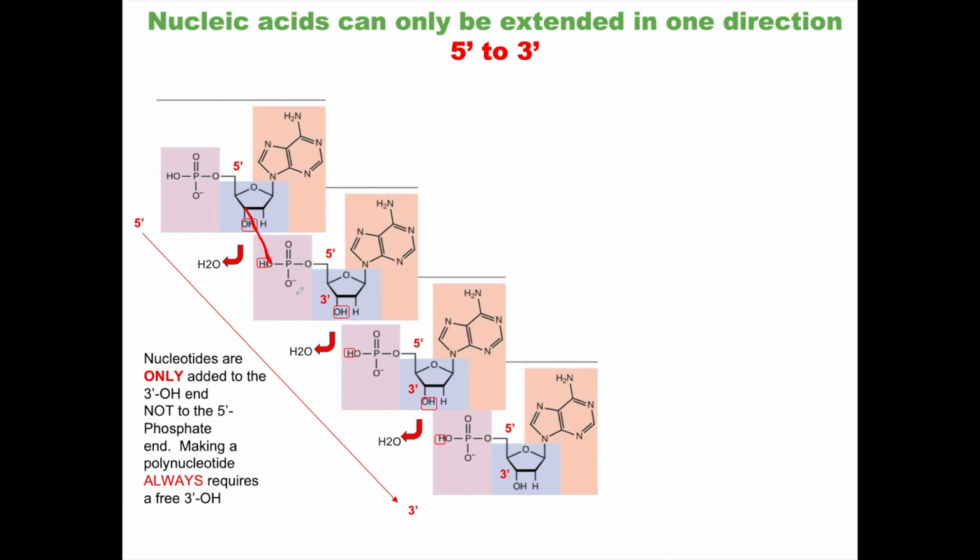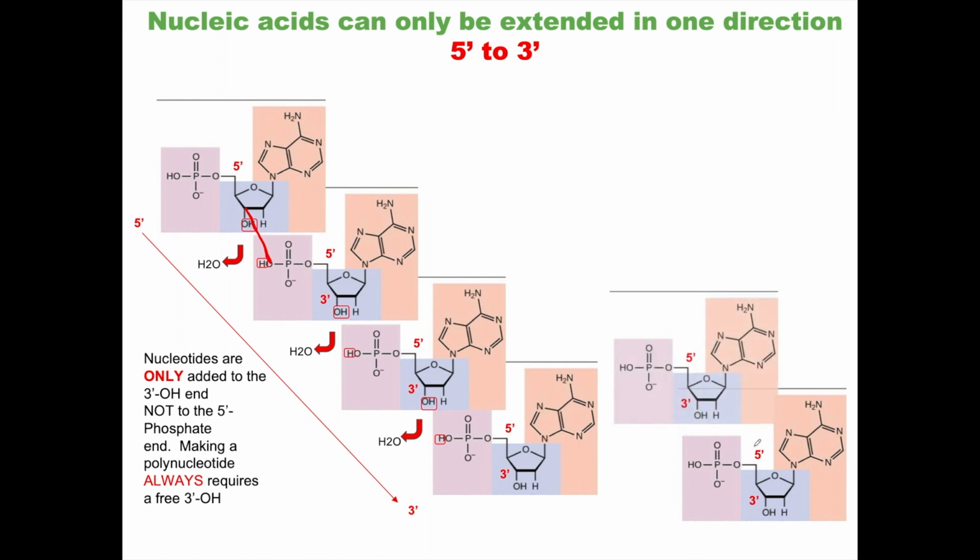What does not happen in nature is what I'm going to show you right now. So here's a nucleotide at the bottom. And then when you try to polymerize the DNA, make a polymer of the nucleic acid, you'd bring another nucleotide, but then you would add the new nucleotide to the 5' phosphate.